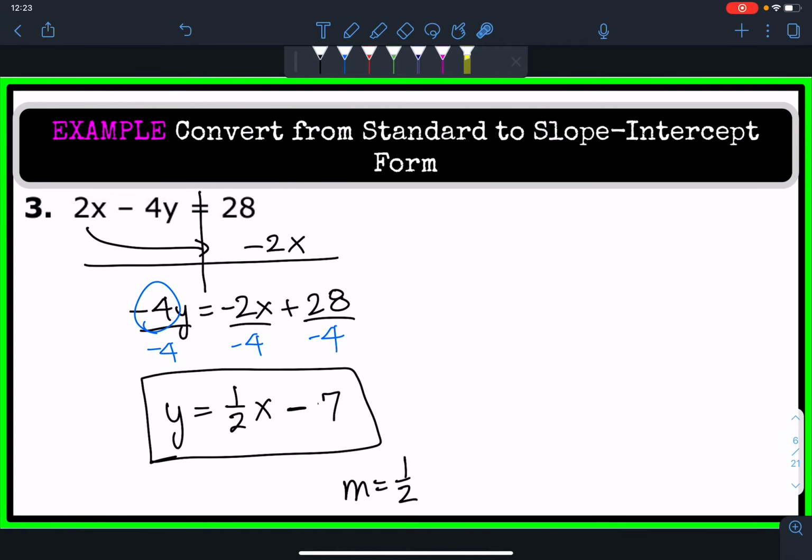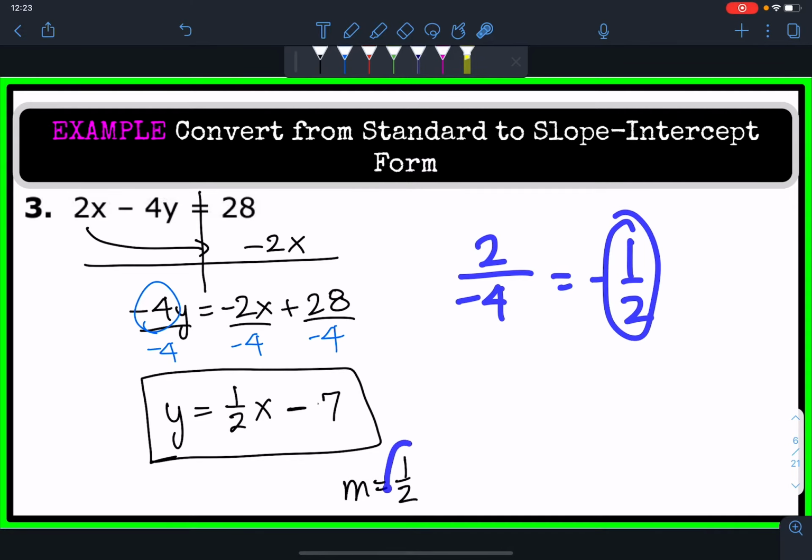Look at this example. Getting 2 and dividing it by negative 4 is equal to negative 1/2. Notice that the 1/2 matches exactly that number, but instead of getting a negative value, we ended up simply with the opposite of that.